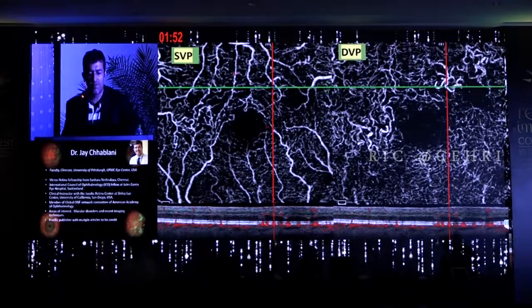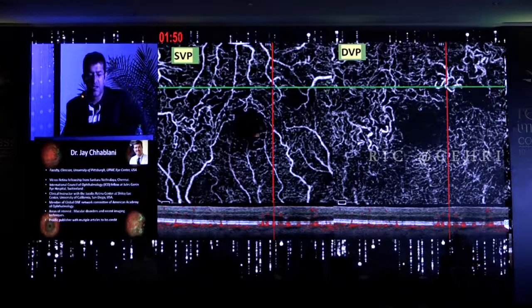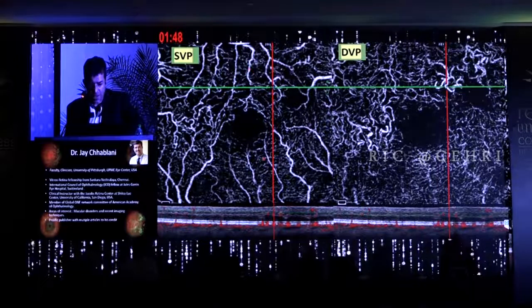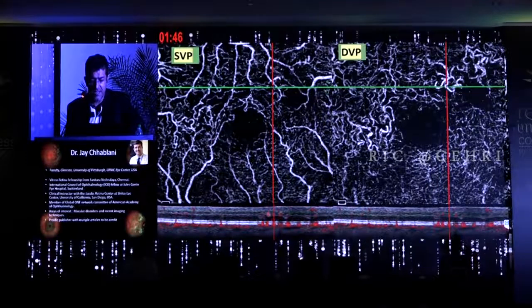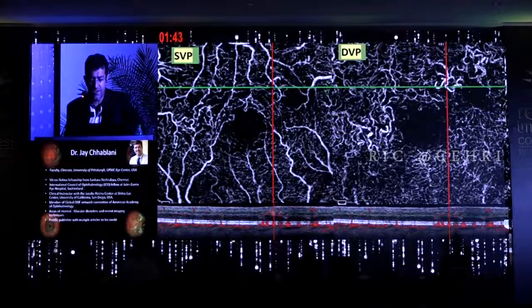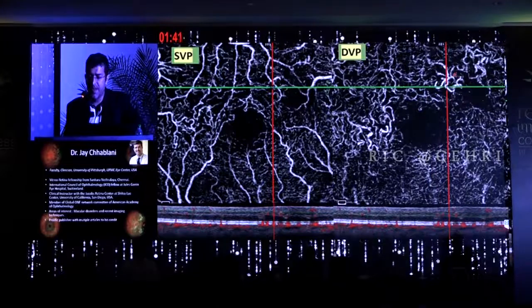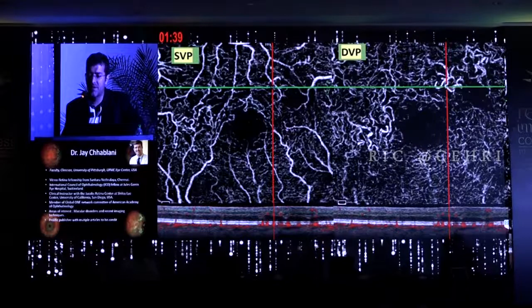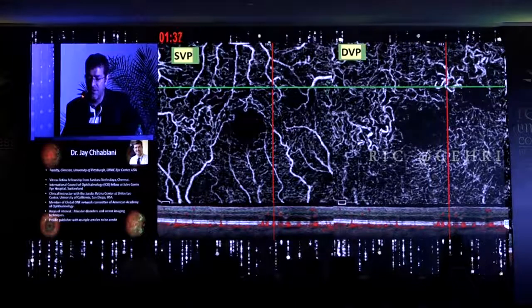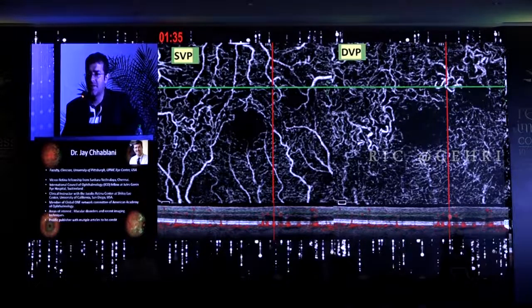Just to show you the picture from this paper, you can see that this is a superficial vascular plexus where we can see this cross. You have to look at this cross; it is in the superficial capillary plexus, and this is the deep vascular plexus where you can see this collateral, which is matching exactly with the deep capillary plexus.